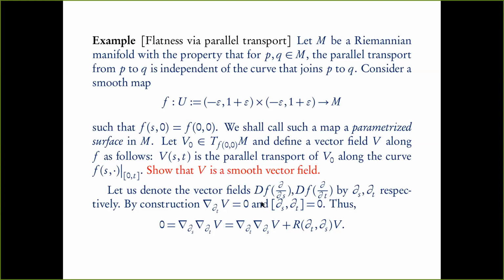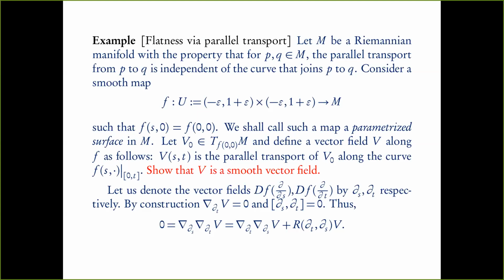Okay, so now what do we want to do? Well, we obviously want to compute certain things about curvature. There are two coordinate vector fields on U, del by del s and del by del t. I can take their images under df, and that's going to give me two vector fields, del by del s acted on by df and del by del t acted on by df.